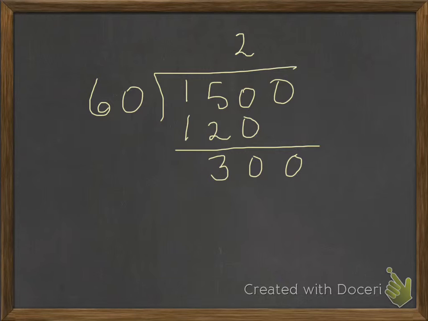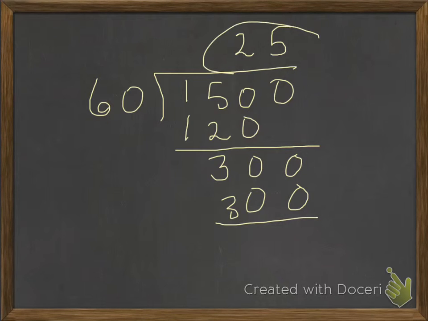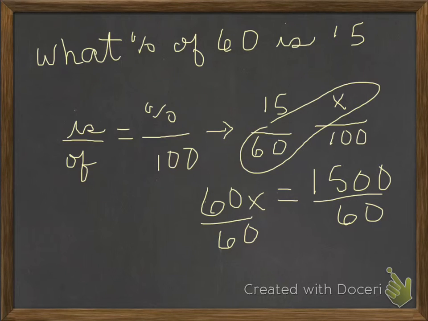Now 60 will go into 30 how many times? 5. 5 times 0 is 0. 5 times 6 is 30. So we see the answer is 25. So what percent of 60 is 15? The percent would be 25%. That would be the answer, 25%.